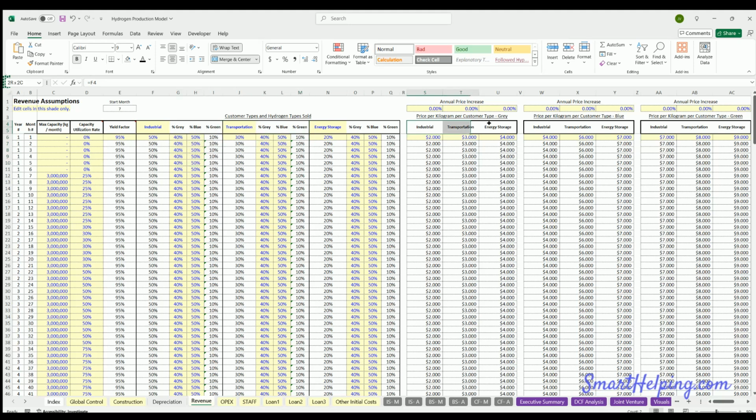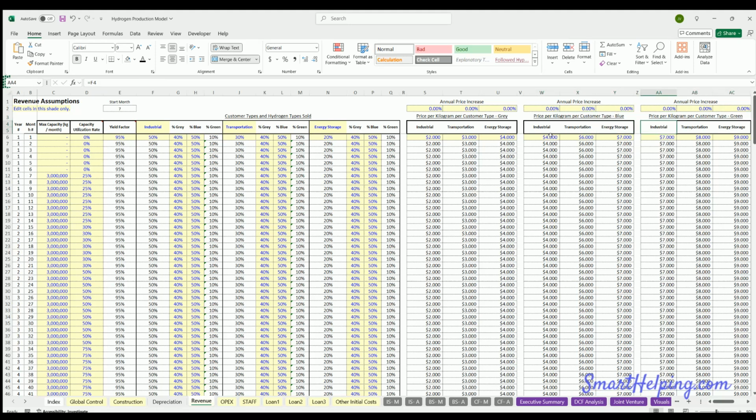Now we have here our three types of customers and the price we're charging each customer per kilogram sold for gray, blue, and green. So gray, here's the three customer types, how much we're charging for gray for industrial, transportation versus energy. For blue, how much are we charging for industrial customers that are getting blue, and so on.